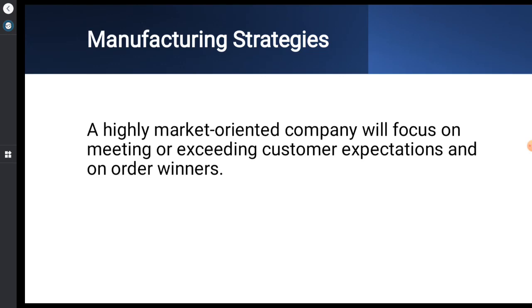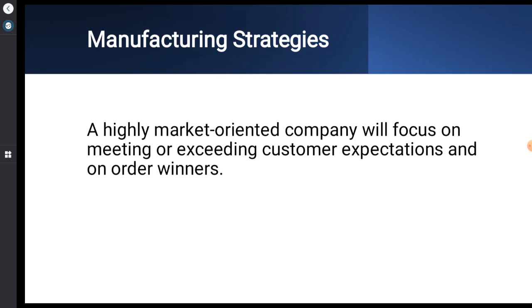Today we will start explaining the basic manufacturing strategies and the differences between each one of them. As we explained in our previous class, a highly market-oriented company will focus on making their customers delighted.